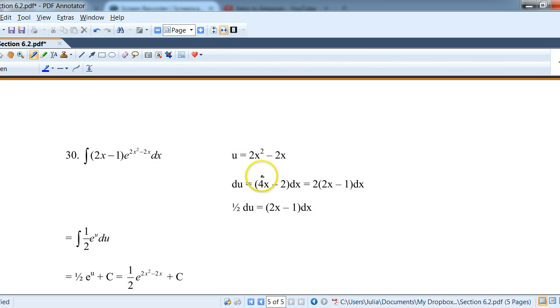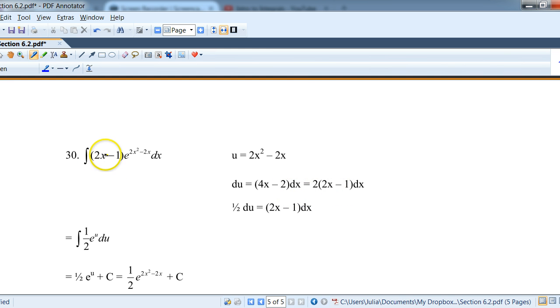Okay, and similarly, this is one more example with the e. What if we have 2x minus 1 times e to the 2x squared minus 2x? Again, make the whole exponent equal to u. Take the derivative. So that's 4x minus 2 times dx, in parentheses because it's more than one term.